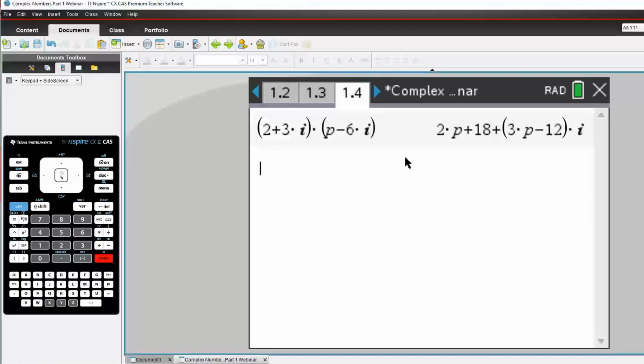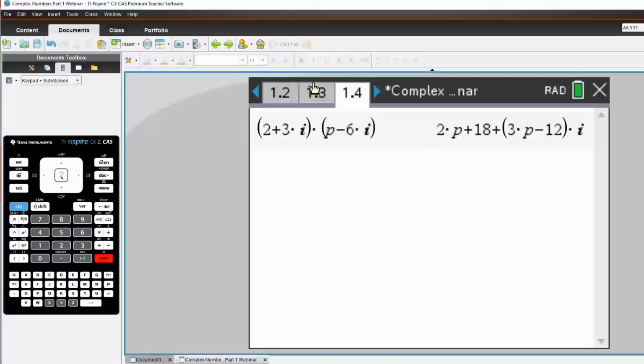So the calculator will perform operations, of course, in any setting. I'm in the real setting now. I'll talk more about settings later. And it is a CAS calculator, so we can use a pronumeral.